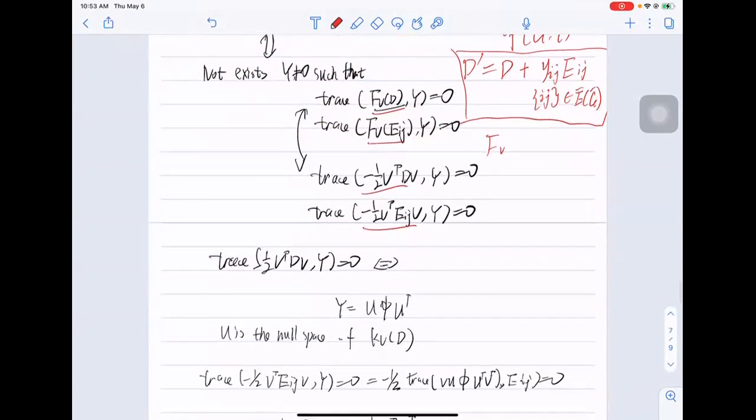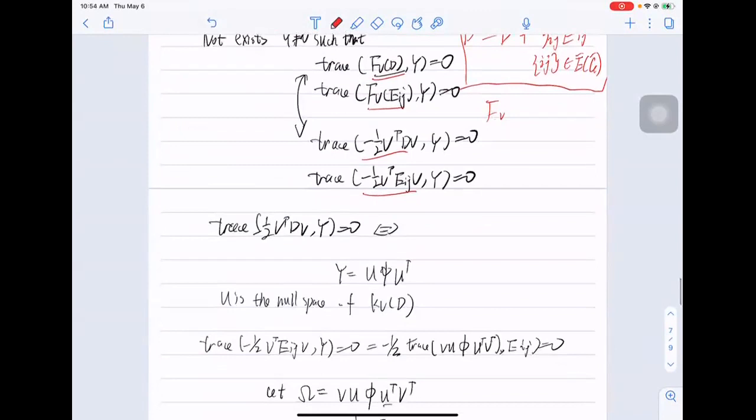And from the trace of 1/2 V transpose DV Y being 0, because this is PSD, I can write Y equal to U U transpose, where U is the null space of KVD, right? U is just the null space of this matrix.